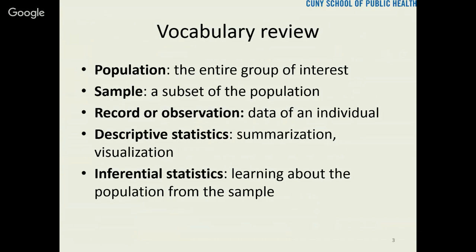A sample is a subset of that population that we make using a systematic method, where every individual in the population has a known and non-zero probability of appearing in that sample. So it doesn't have to be an equal probability, but the probabilities have to be known, and it has to be non-zero for everyone in the population.